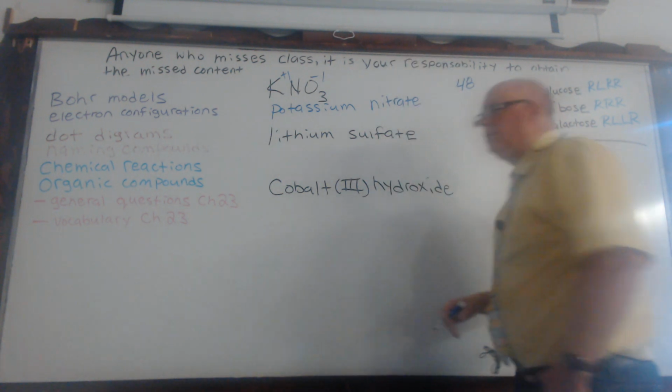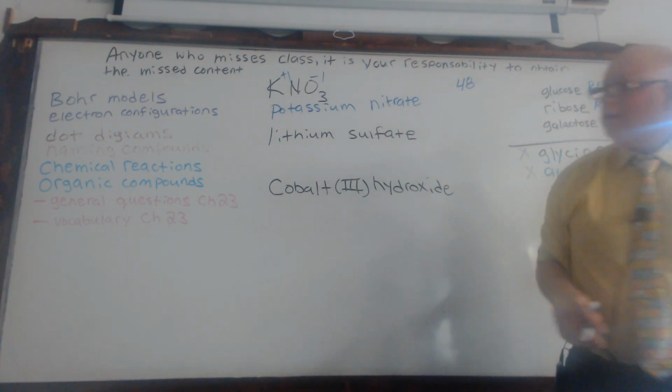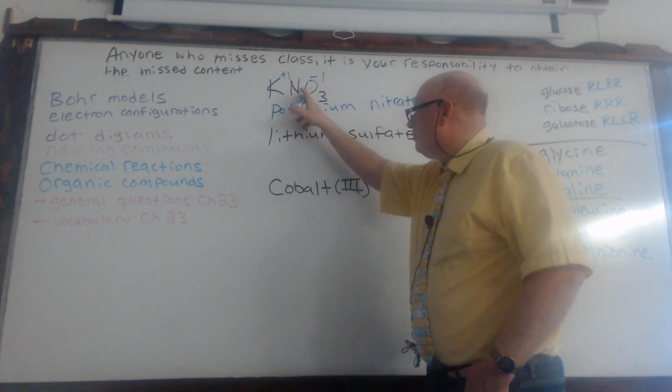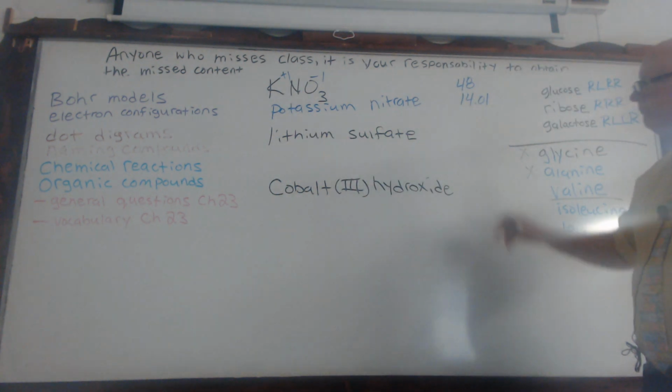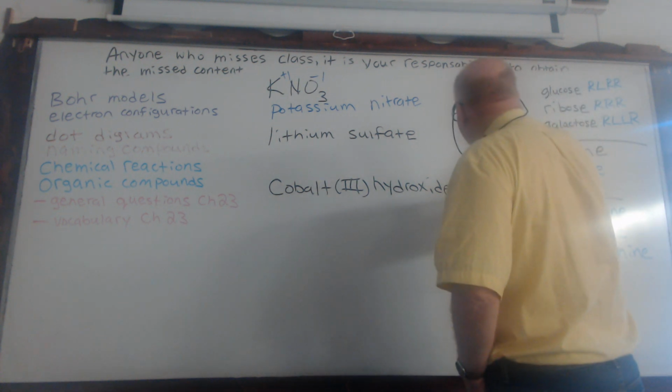Nitrogen is what? Go to the nearest hundredth. Okay, so 14.01. And notice we only have one according to our formula. And then potassium is what? 39.10.